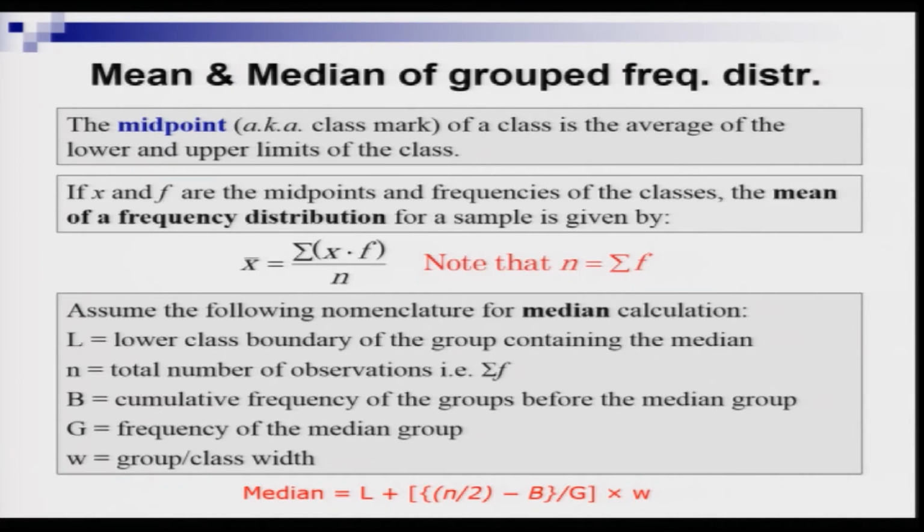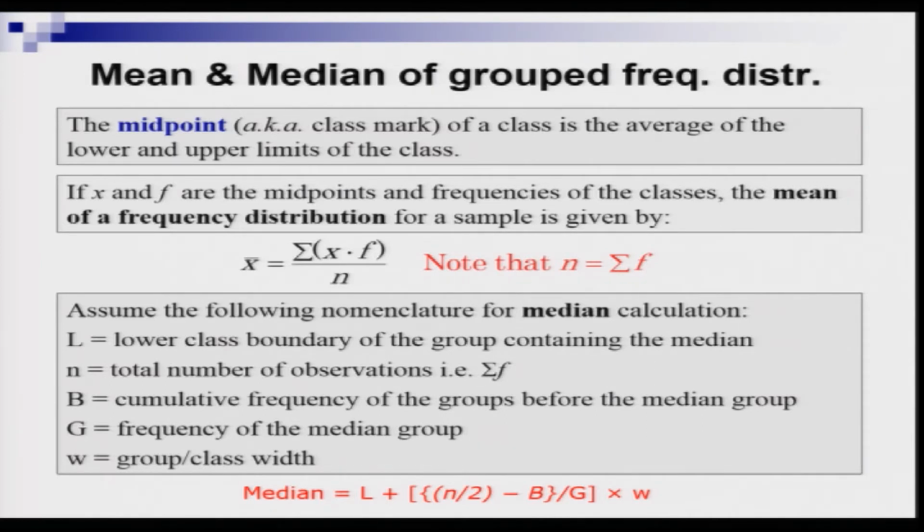Then the mean of a frequency distribution for the sample is given by x bar equal to summation x times f, whole divided by n, and n, note here, is summation of f. So, basically it is the sample size, the sum of all frequencies in all possible classes in the table. Now, the calculation of mean is quite simple in the grouped frequency distribution, but median is not.